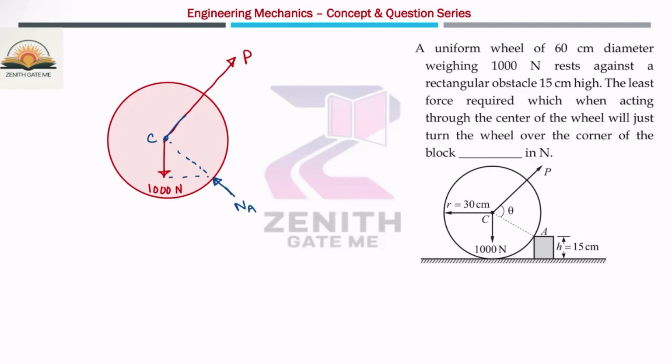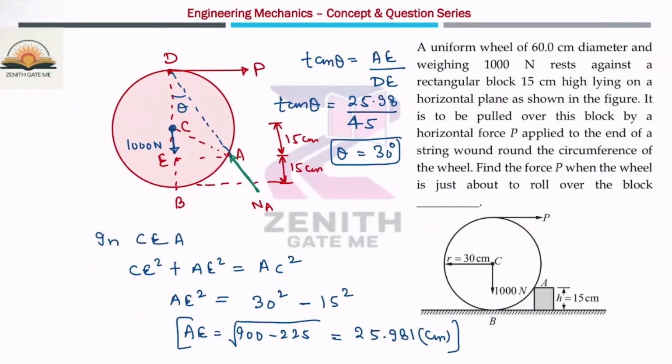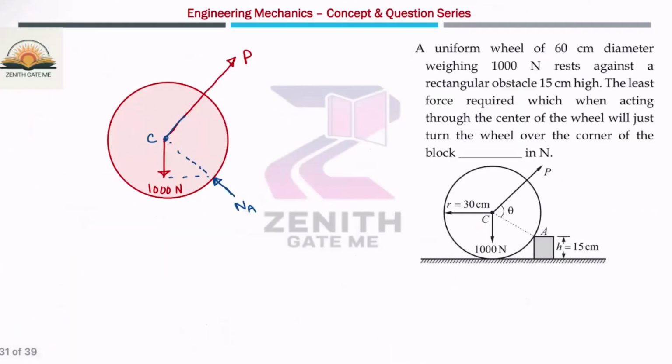The same points I am taking: C, A, E. This is B, and this is nothing but D. So AE value is already calculated; AE is nothing but 25.98 centimeter.